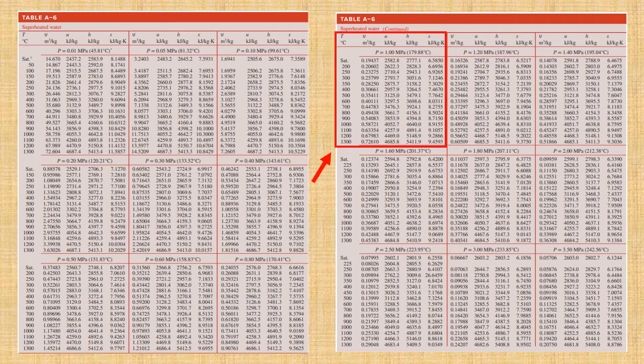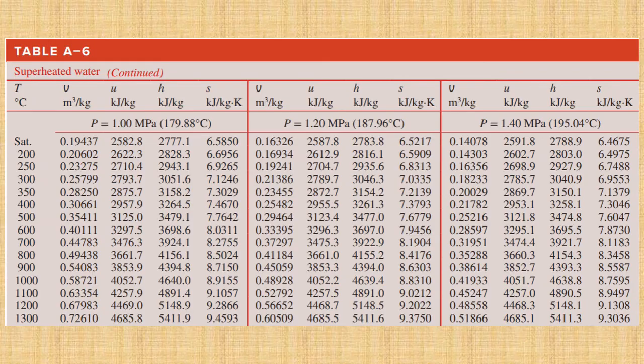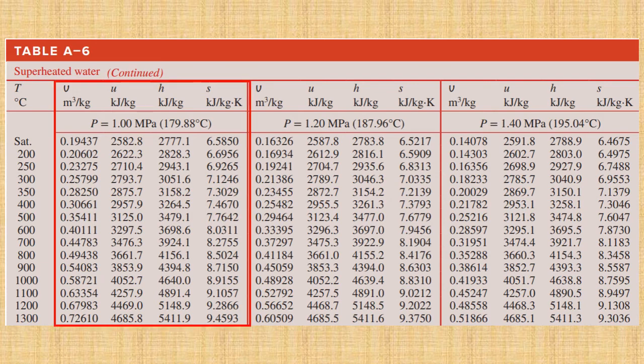Let's zoom in to get a better view. First, we choose which box we need. It's this one since it corresponds to the given pressure value of 1 megapascal. Next, we can use the given temperature value of 200 degrees Celsius to determine that we need to look in this row.